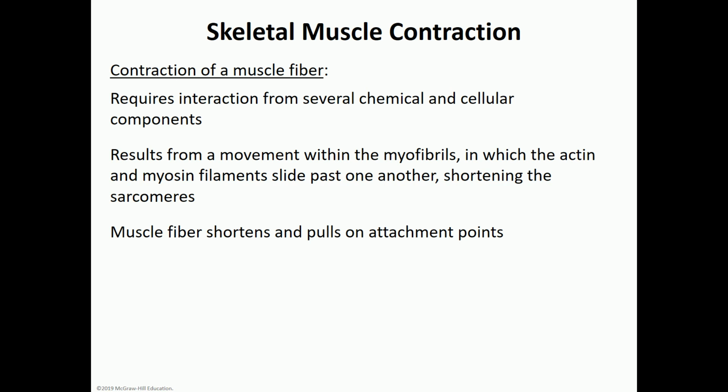The muscle fiber, and then the muscle as a whole, is going to shorten and pull on the attachment points. So you can now bend your elbow or perform a facial expression, if we're talking about the muscles of facial expression, and so on. This is the physiology of how a muscle can contract.